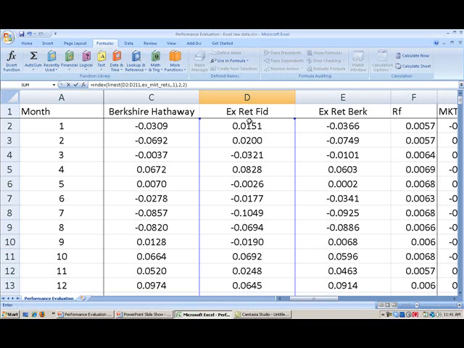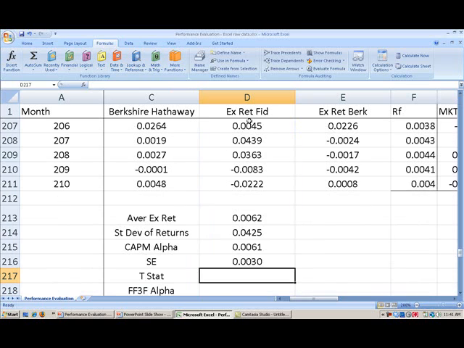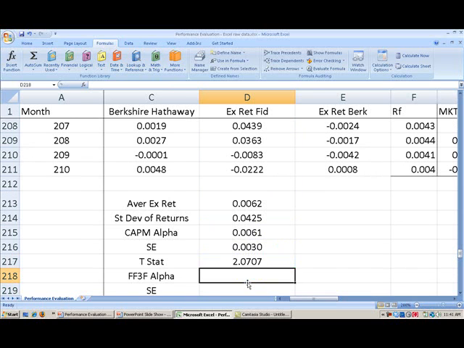Row 1 is the estimate, row 2 is the standard error. Again, we hit enter, and we now have the standard error for the alpha. Remember, the standard error is a measure of how confident we are about our alpha estimate. The t-statistic is going to be equal to the estimate divided by the standard error. And we have a t-statistic that's greater than 2. That looks like there is statistically significant abnormal returns.